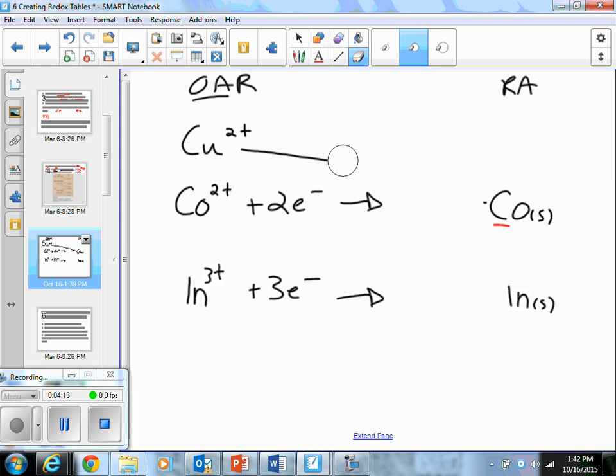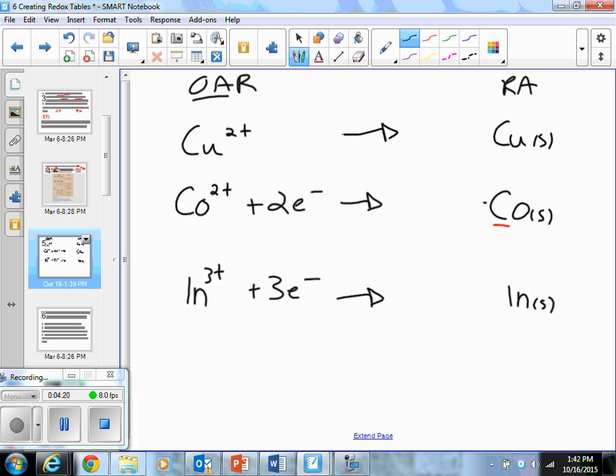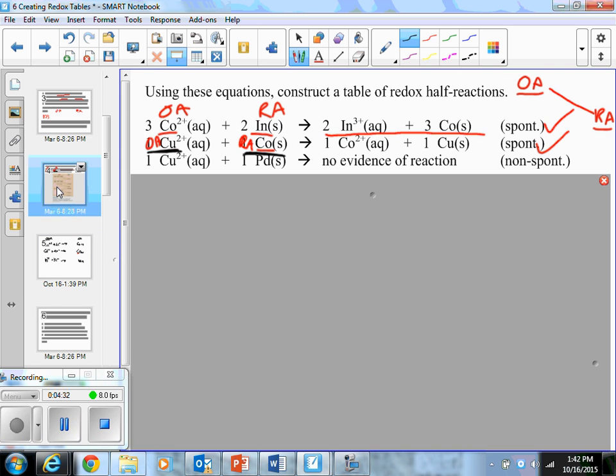And then we complete it by filling in the rest of the half reaction. So the corresponding RA, solid copper, and balance with the electrons. Now we want to look at our final reaction. We have copper-2 plus reacting with solid palladium.